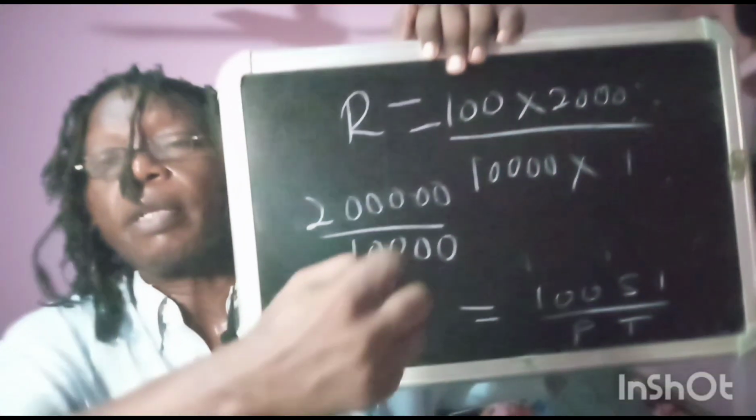Now 2000, plus another 2 zeros, over 10,000. I've calculated that.